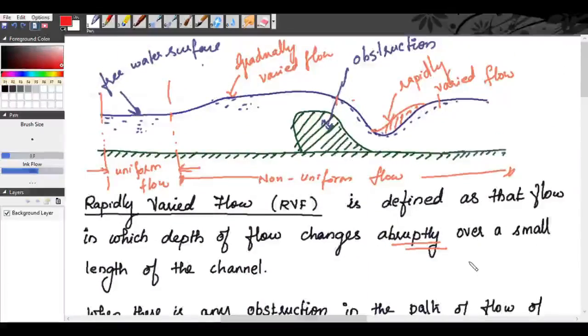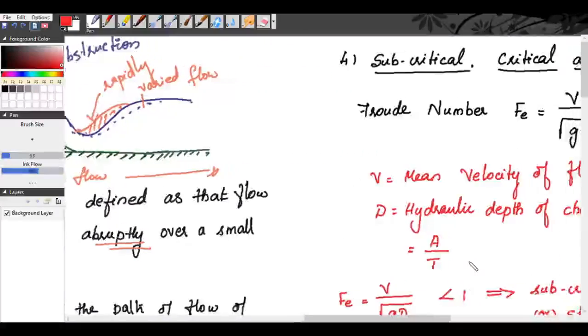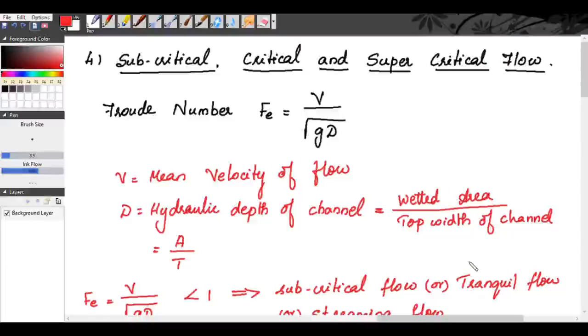Now we will move on to the next classification of flow, that is subcritical flow, critical flow and supercritical flow. So critical, subcritical and supercritical is based on Froude's number. Froude number, we represent it by Fr, and that is equal to V by root of gD. So remember this.